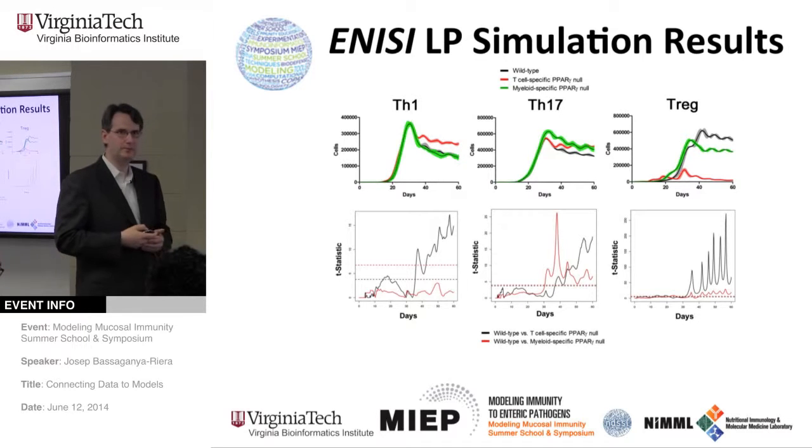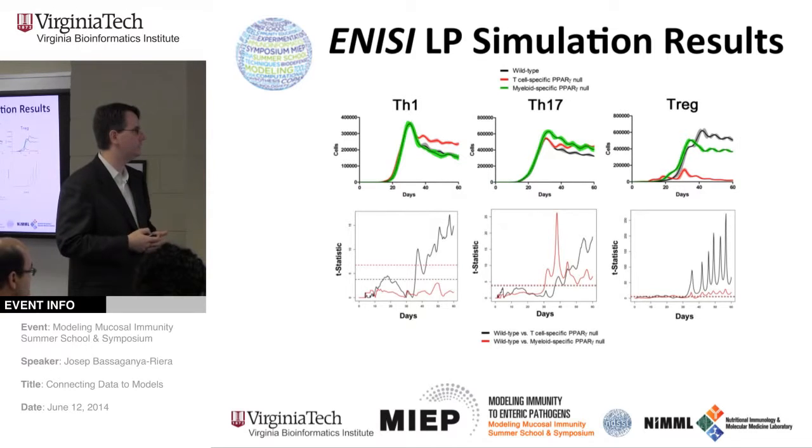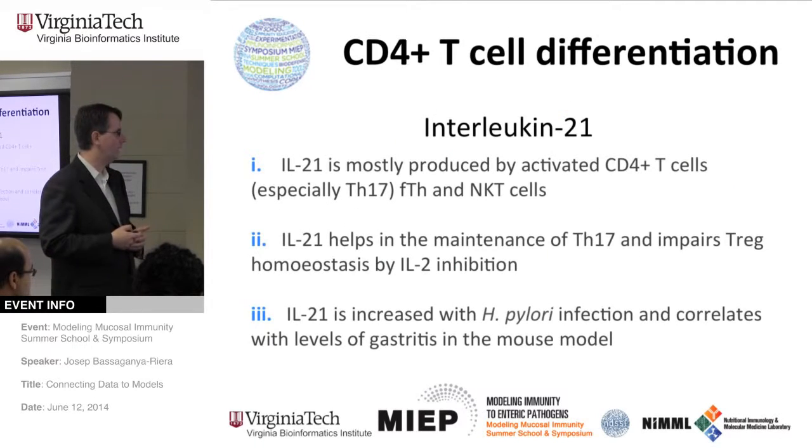You also will remember this slide that was shown by Stephen and Adri. Those are simulation results of ENISI, the agent-based modeling platform, showing that following H. pylori infection, after about 30 days post-infection, we are inducing Th1 and Th17, and there's a parallel induction of Treg cells.